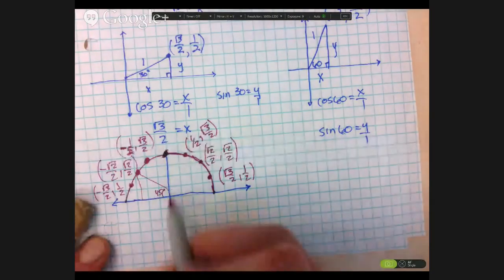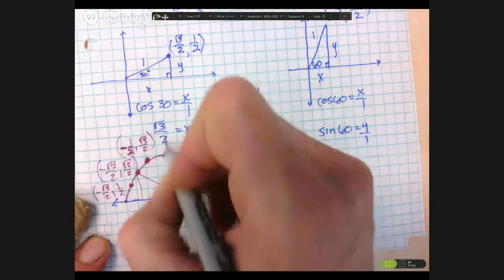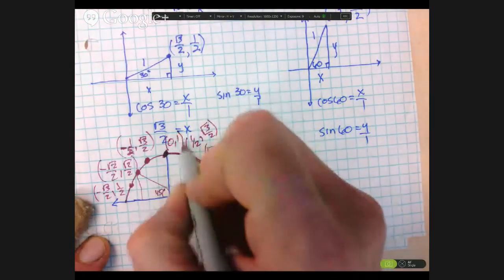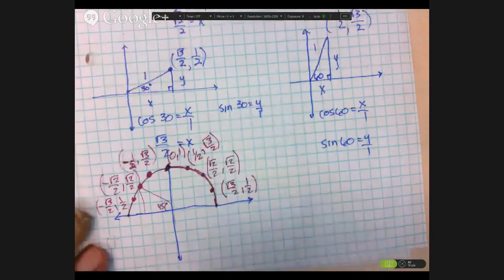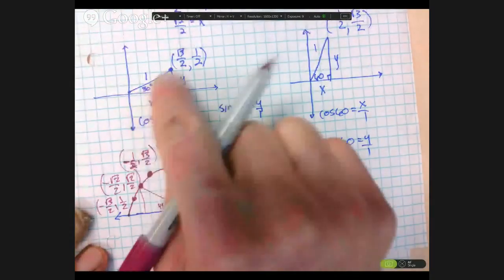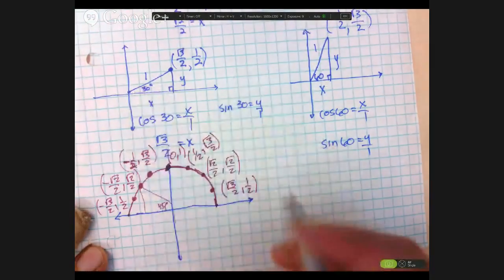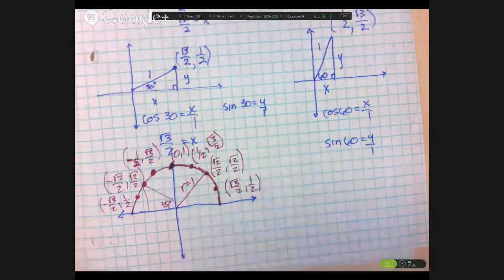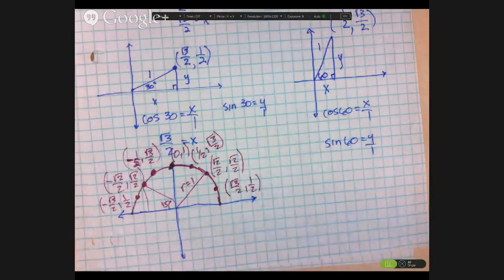Zero. I'll give you the x value. Yeah, you got that at 0. How high are we? 1, because the radius of that circle is 1. So that radius will sweep around. It's called the unit circle.